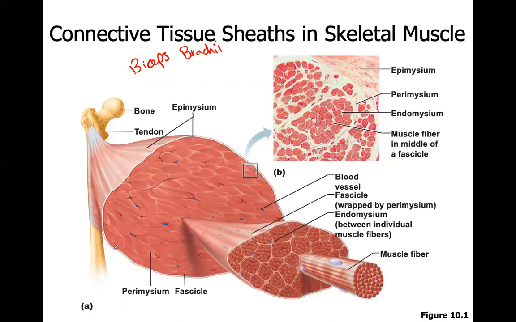You have a connective tissue that is wrapped around this whole muscle, and it's called the epimysium. Now, this whole muscle is made up of smaller units. They pulled one of them out right here. This smaller unit as a whole is referred to as a fascicle. Notice again, the fascicle has a layer wrapped around it as well, and that layer is referred to as the perimysium.